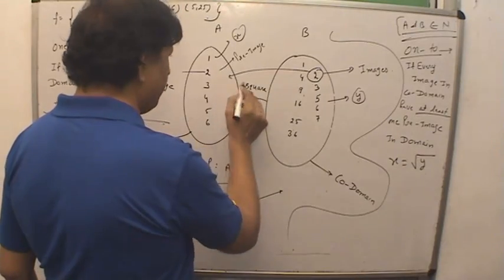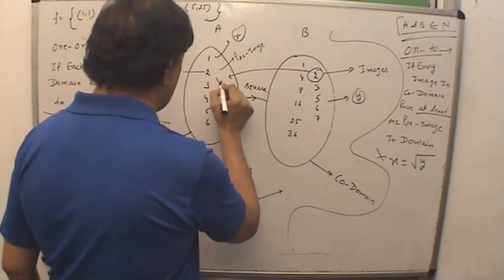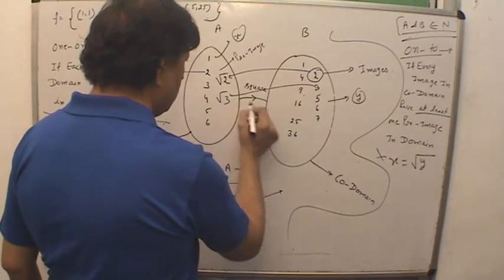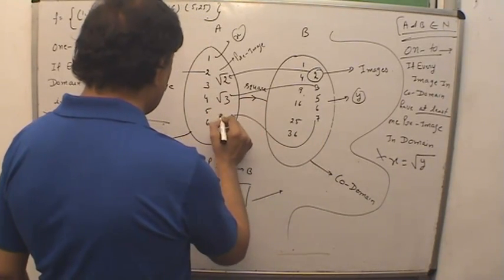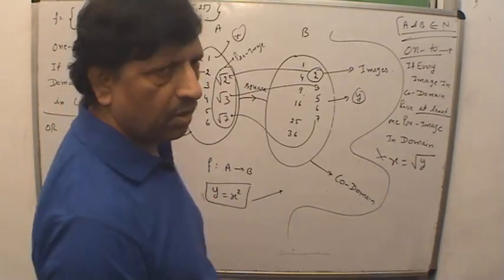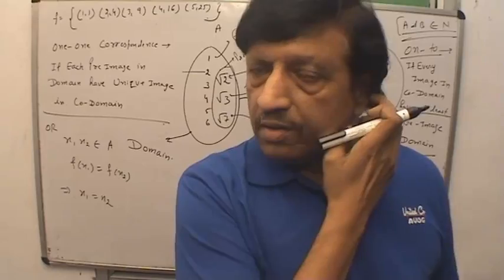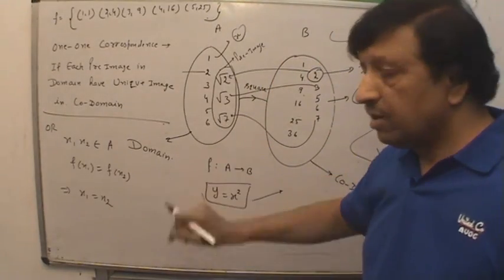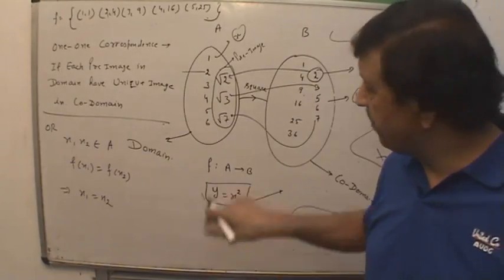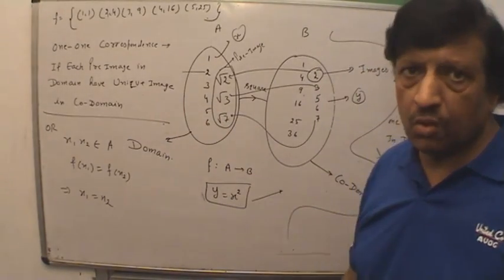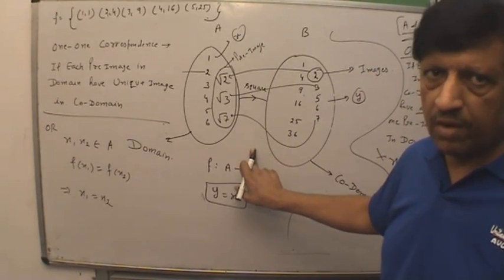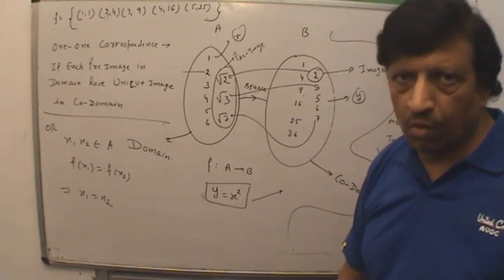According to this relation, the image of 2 is under root 2. Image of 3 is under root 3. Image of 7 is under root 7. That is a contradiction, because it is the set of natural numbers and these irrational numbers cannot live in this set. So we say this relation is 1-1, but it is not onto.